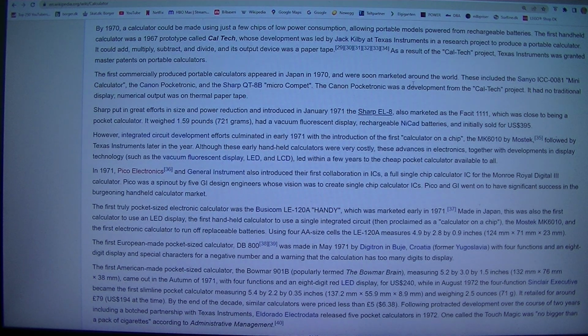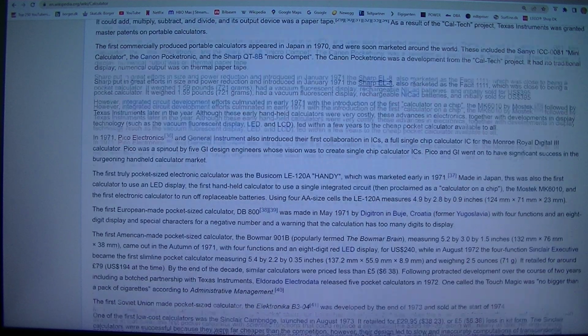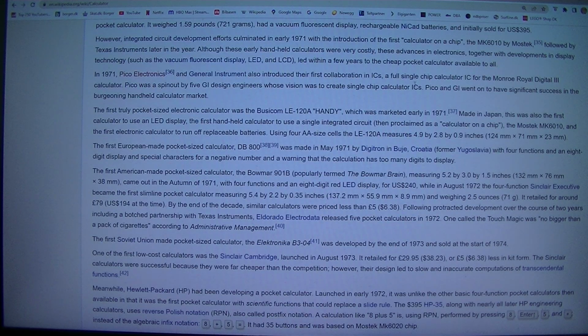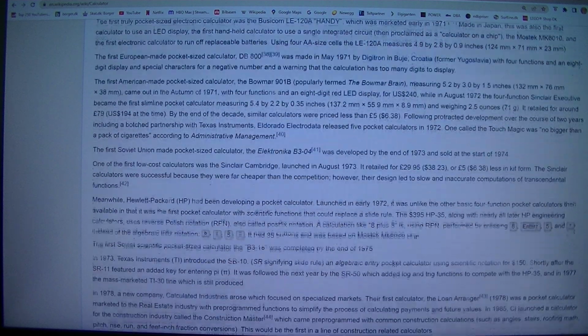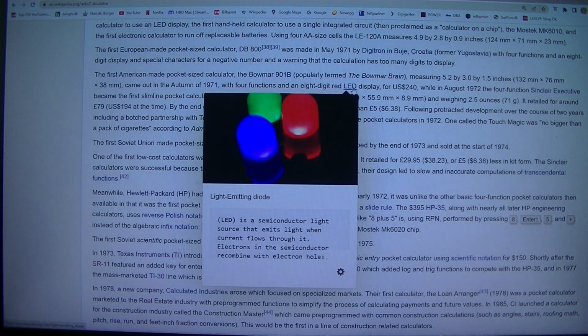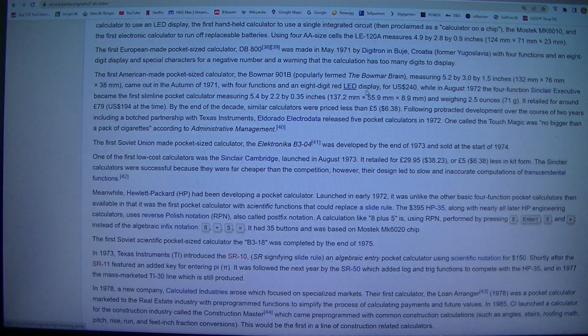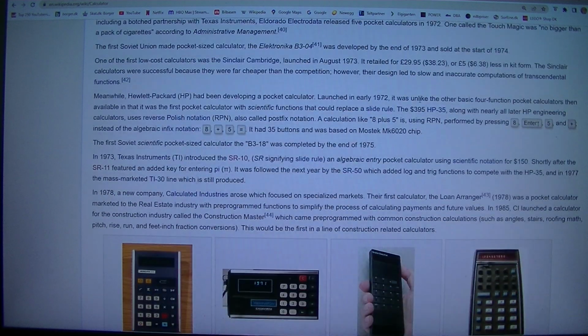I don't know if we need to read this. LED light, yes, we have it everywhere.